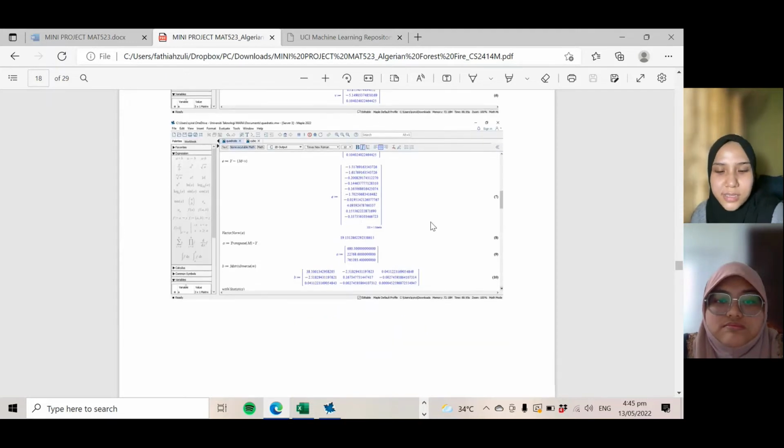Then we find E, which is the error vector, and the vector norm.